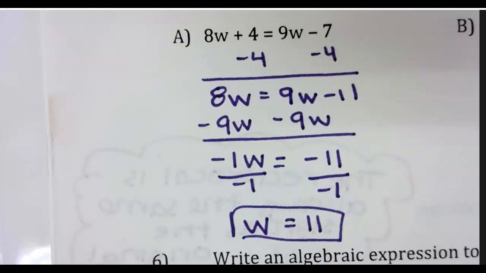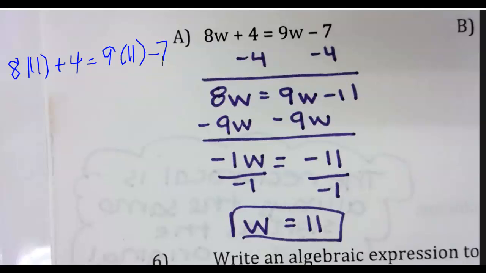What could I do to check that W equals 11? So Jesse? Yeah. So exactly, if you wanted to make sure what you got was correct, then what you could do is take that W and plug it back in. So it would be 8 times 11 plus 4 equals 9 times 11 minus 7.